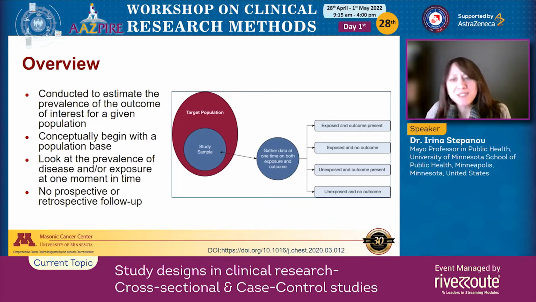In cross-sectional studies, you begin by selecting a sample of the population, just a general population, and then you obtain data to classify all these individuals from your study as either having or not having the health outcome. And once the participants have been selected for the study, you usually look at these outcomes, and there is no prospective or retrospective follow-up in such studies.